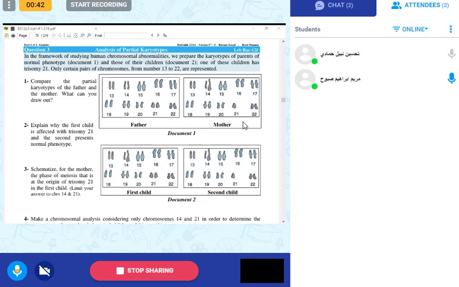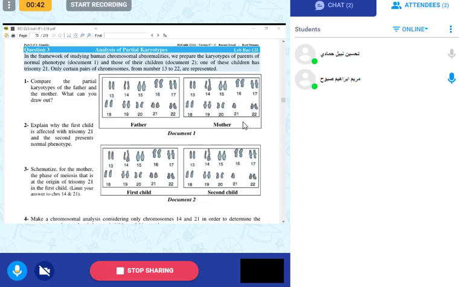Let's look at the mother karyotype now. And remember well that they said the mother is normal. When we say she is normal, this means that she has all the chromosomes.